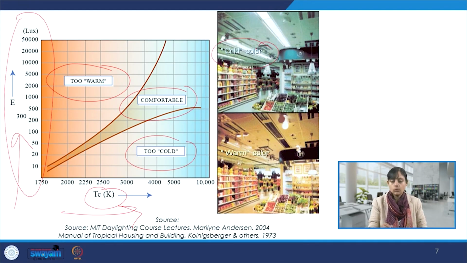This could be a cold color that we see over here, and this could be a warm color which has association with warmth. There are a lot of interrelationships between color and light, temperature and light, temperature and color. And they do have implications on our mood as well as the functional aspects.